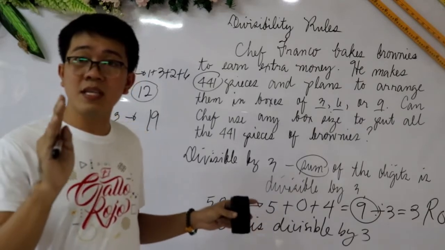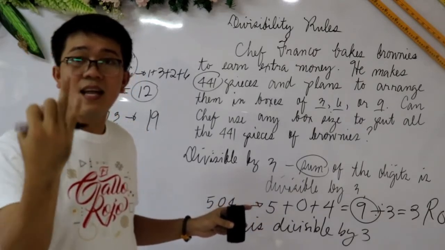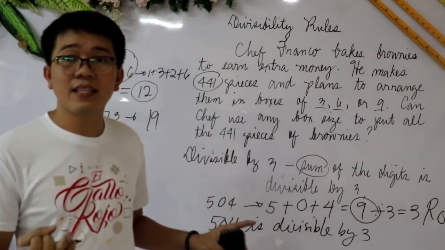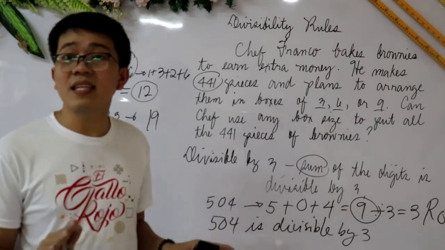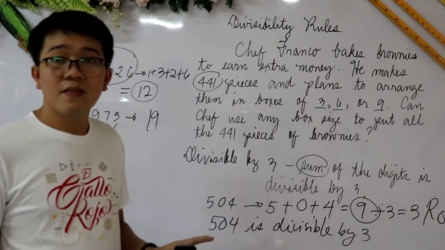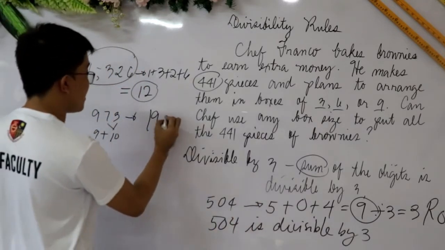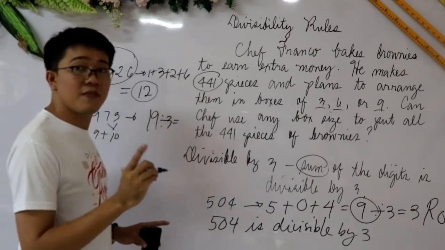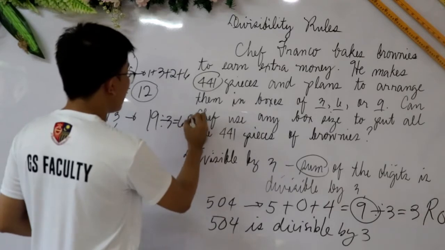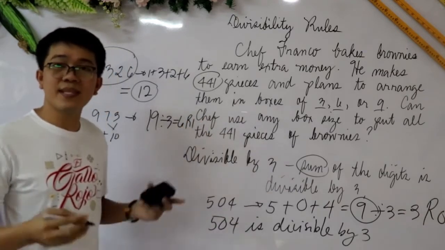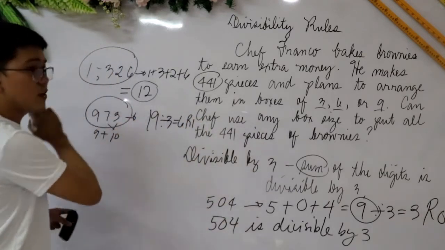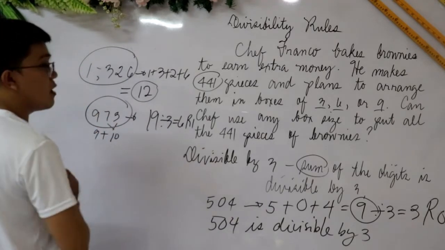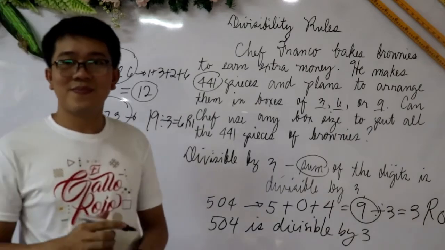No, because if we skip count like 3, 6, 9, 12, 15, 18, 21, there is no 19 in the multiples of 3. Because if we divide this by 3, that will give us 6, remainder 1. So we say that 973 is not divisible by 3.